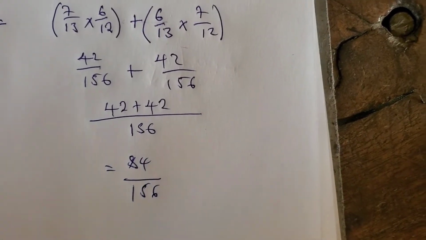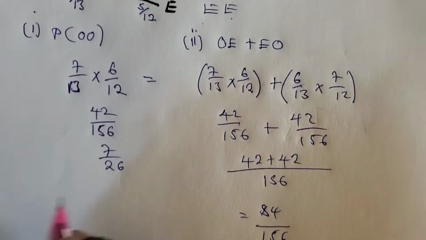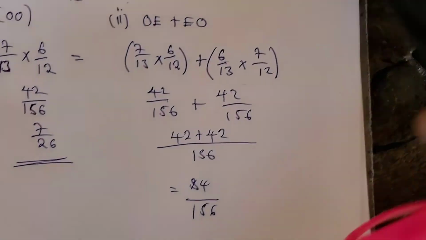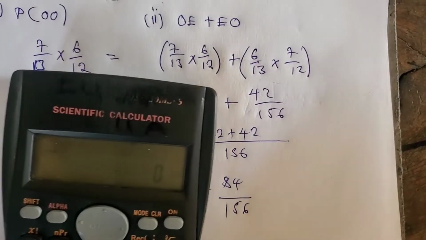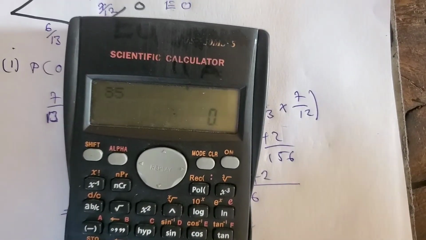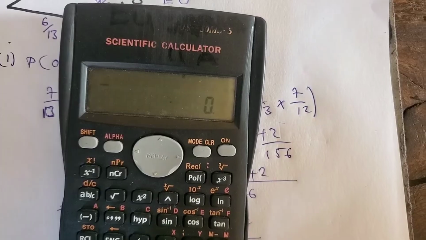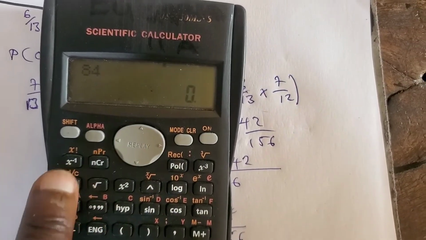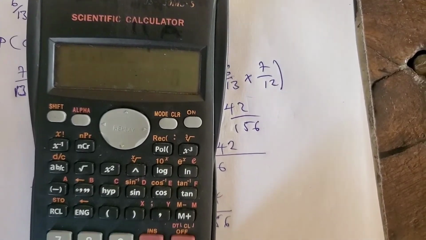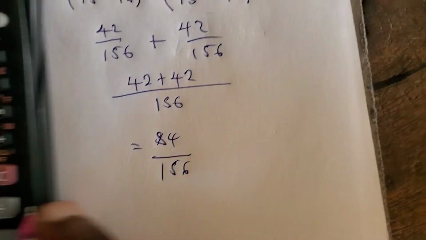Let's do the same thing as done for the first question. It will be reduced, so it has been reduced to 7 over 13.